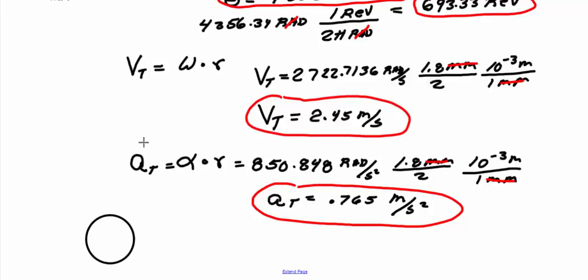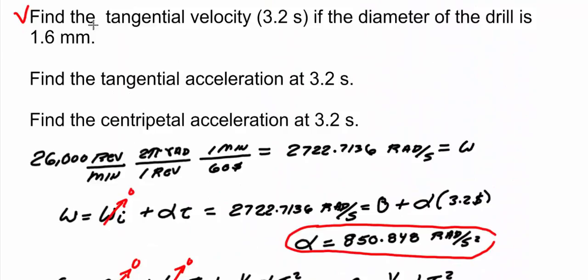I can draw that a little straighter, sorry about that. It's coming up like this, and if I drew the radius, it'd be from here in. Again, it's going to be exactly a right angle, tangential there. The tangential acceleration and velocity would be vector quantities, and they would be tangent to the diameter of the drill bit.